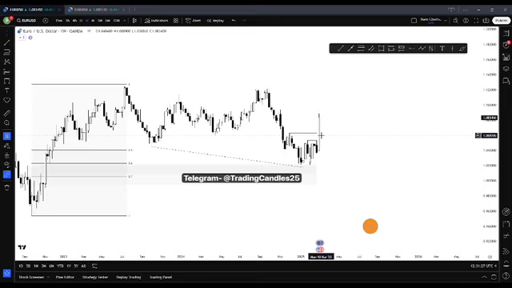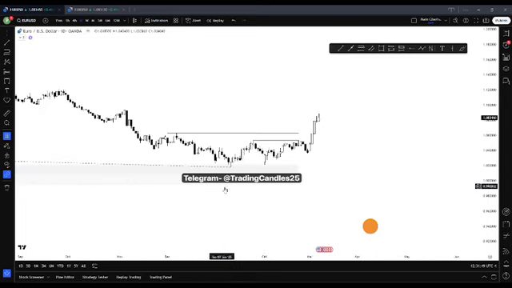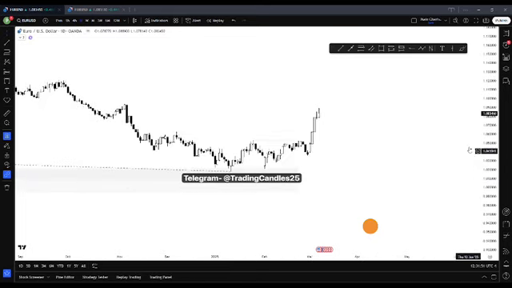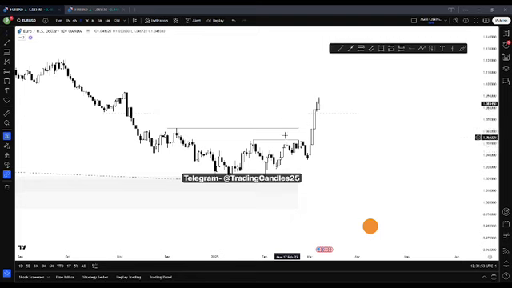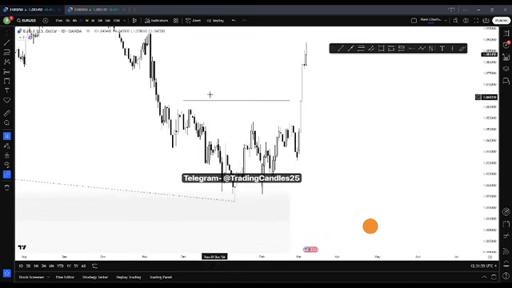So at this point my directional bias was bullish. I was expecting the weekly range expansion to occur to the upside, right? Now I'll take this idea down to the daily time frame to see if I can find any other supporting factors and whether this lower time frame price action aligns with my higher time frame bias.